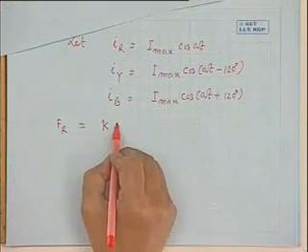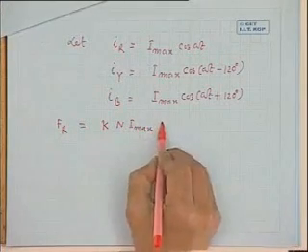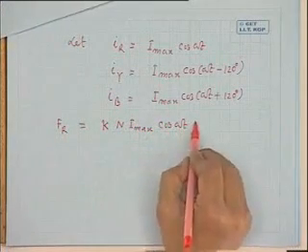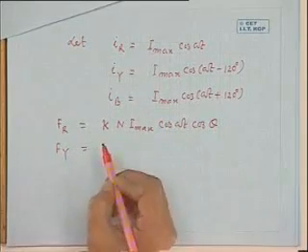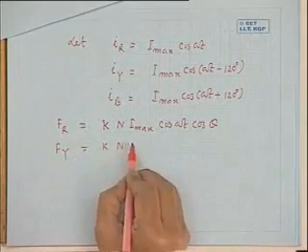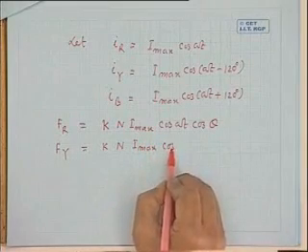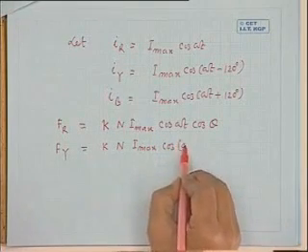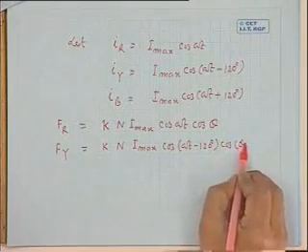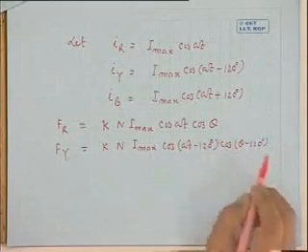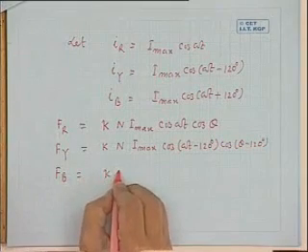So substitute this here. FR will be some constant k into n into I max into cosine omega t cosine theta. FY MMF will be the same constant k n I max cosine omega t minus 120 degree into cosine theta minus 120 degree.